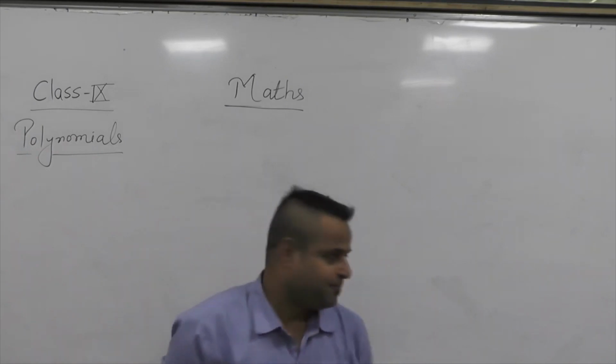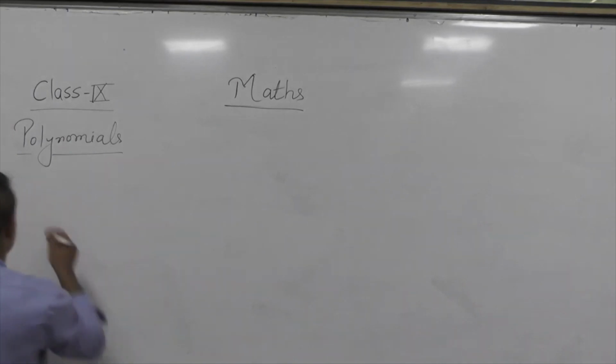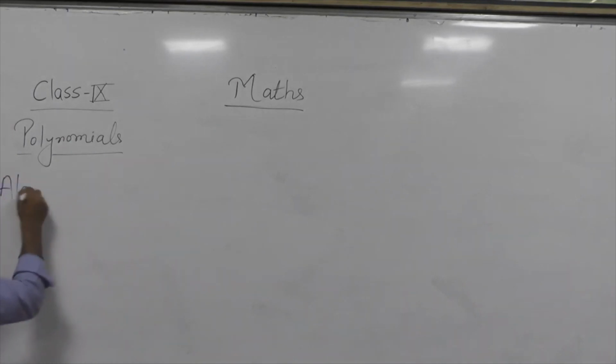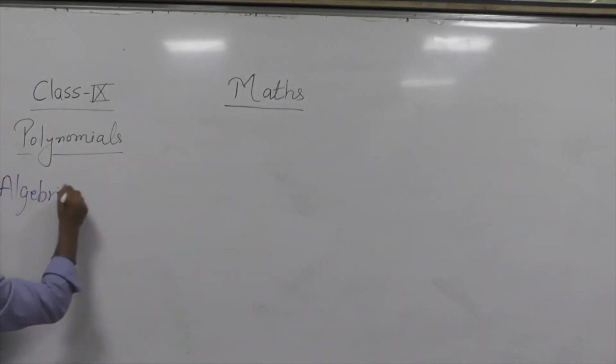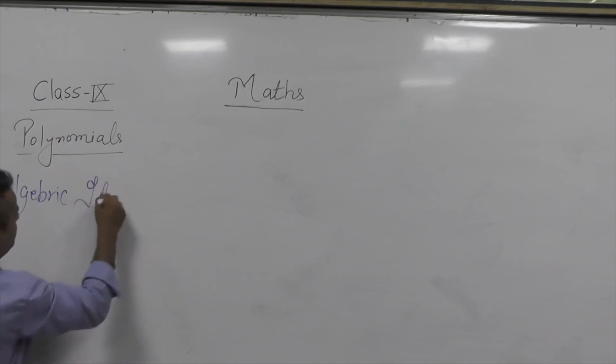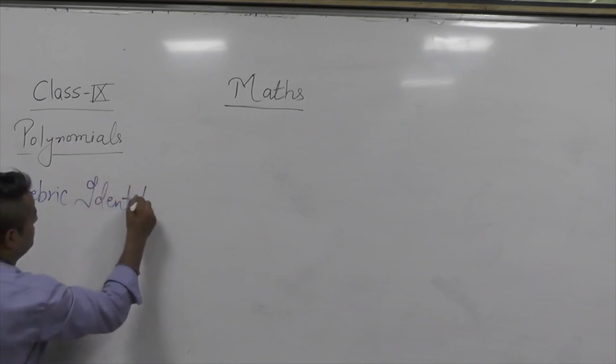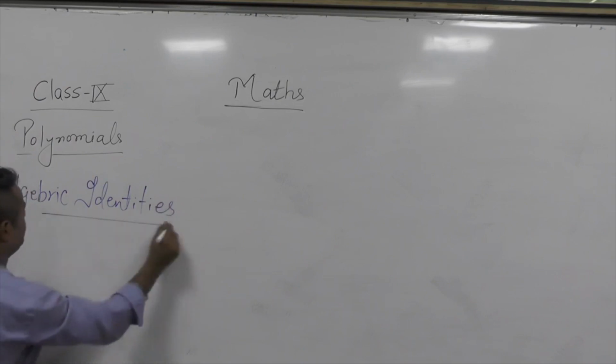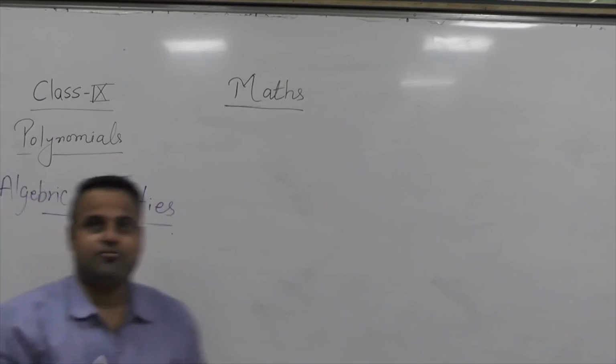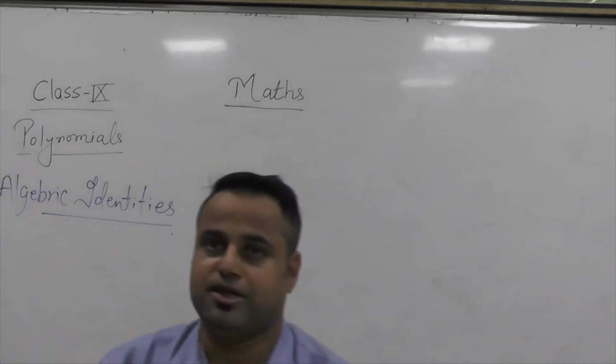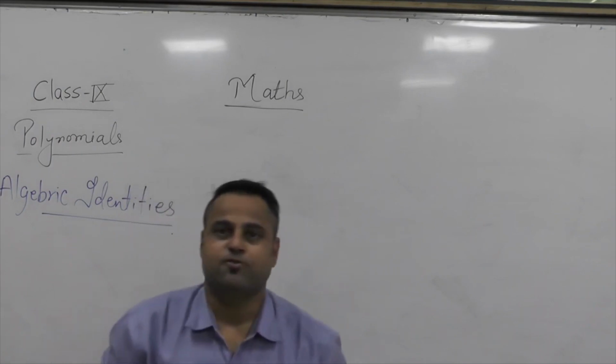So let's start. In algebraic identities, you have already learned some of the identities in your previous class. Here I am bunching some of the identities together and we will see one example of each.